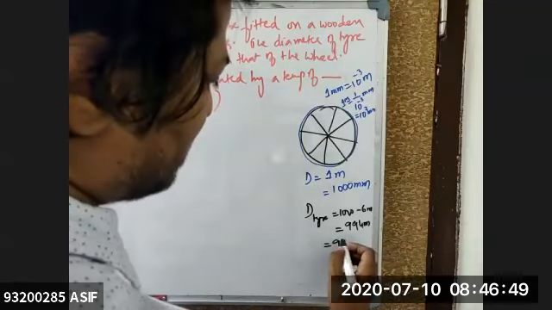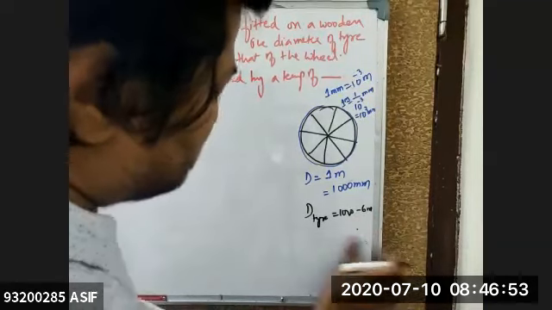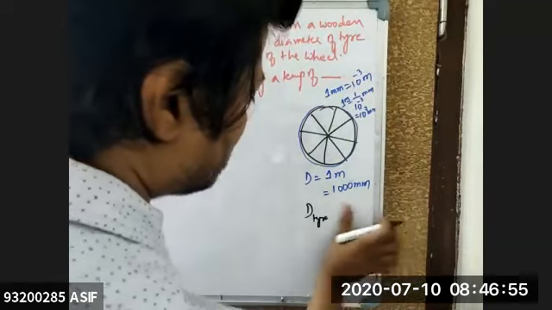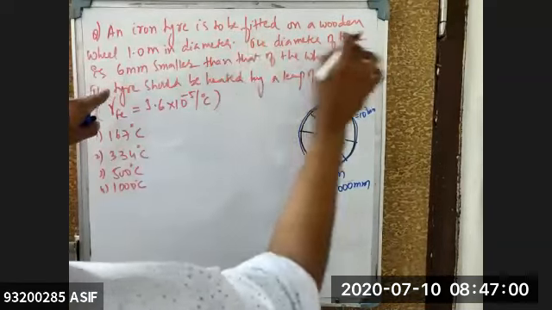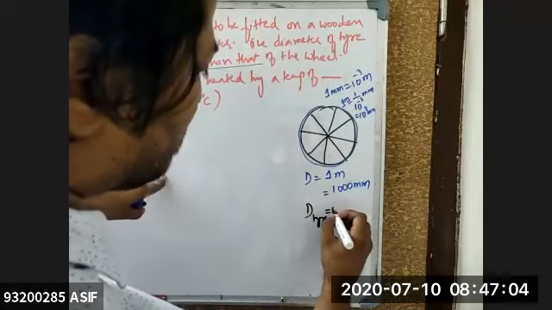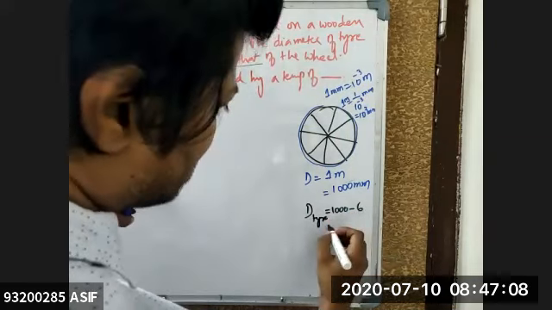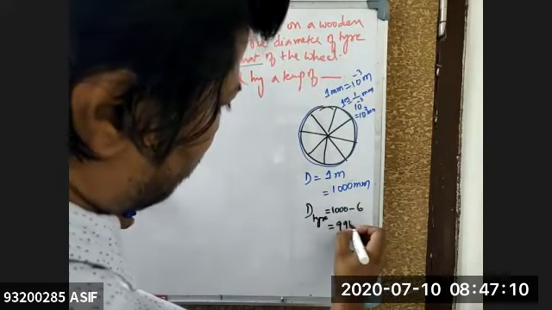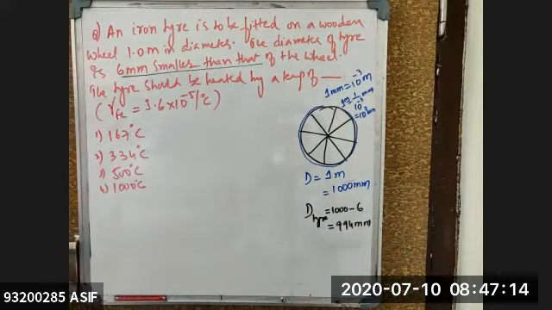The diameter of the tire is 6 mm smaller than that of the wheel. That means 1000 minus 6 mm smaller, so this will become 994 mm. So the diameter of the tire is how much for me? 994 mm. Clear for everyone?